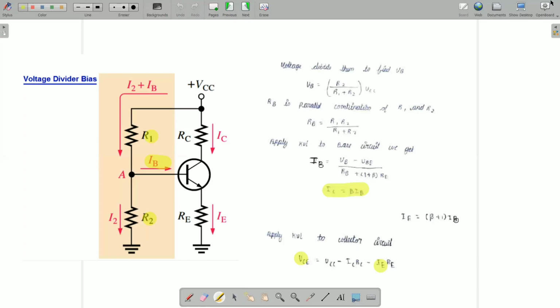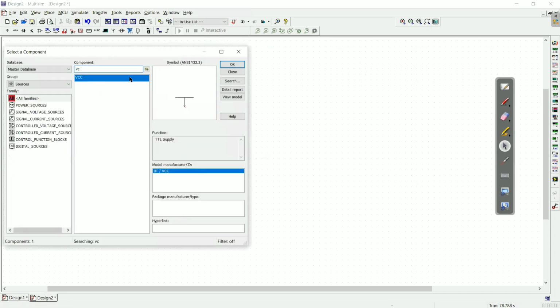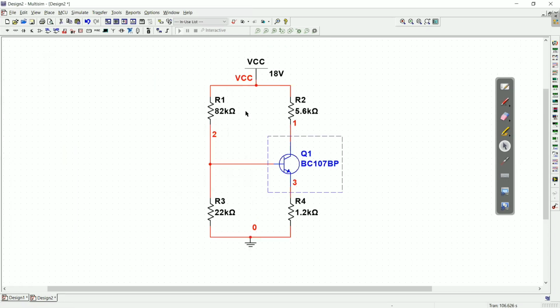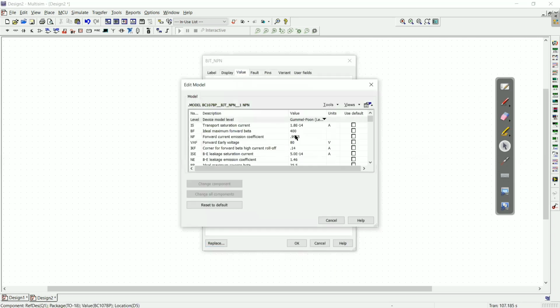Let's simulate this in Multisim. As I said, we can get components from the left corner. After connecting all the components, we have the circuit like this. Let's change the beta value. Here the beta value is 400. Let's change it to 50.